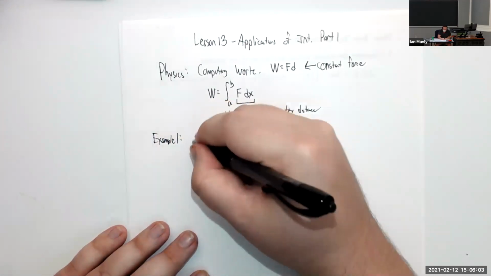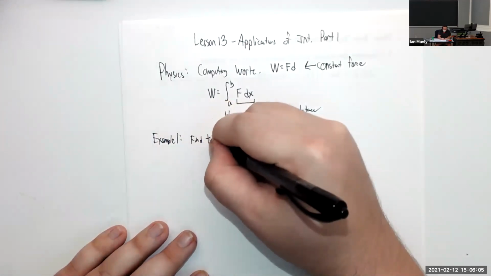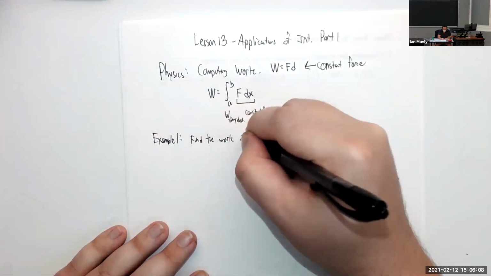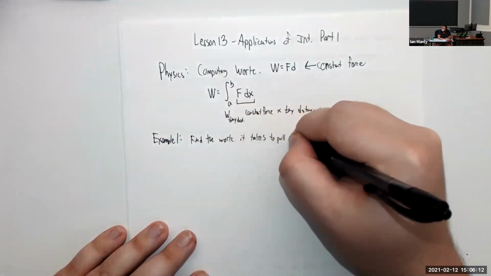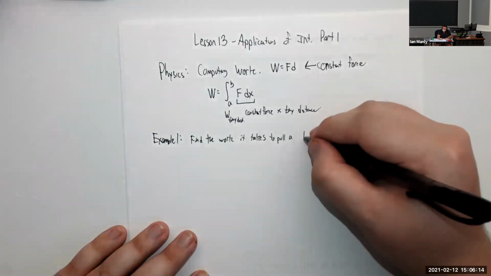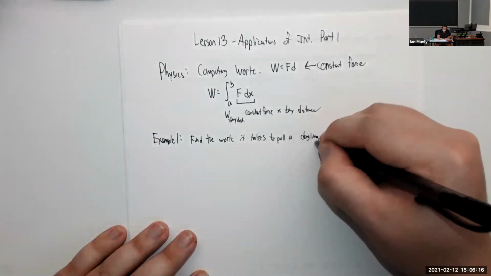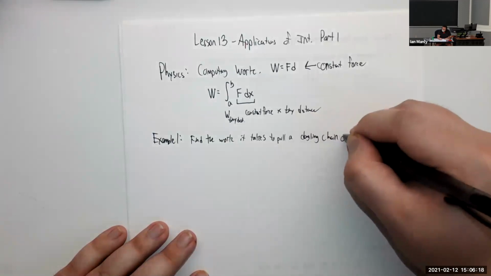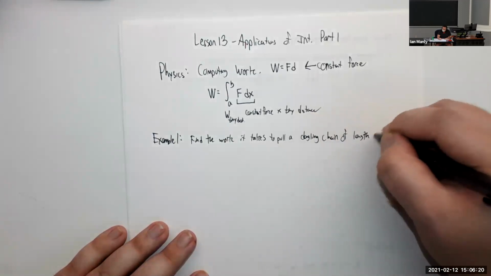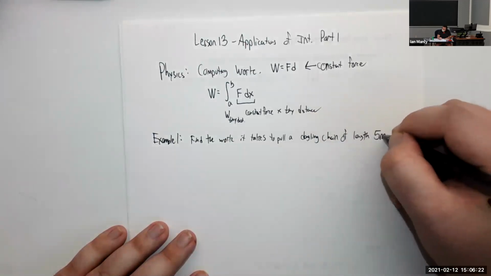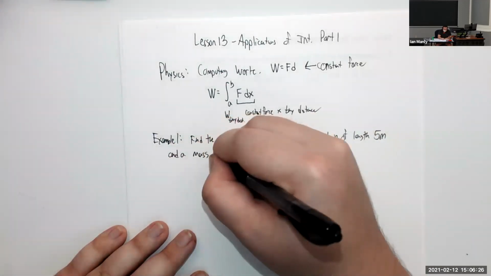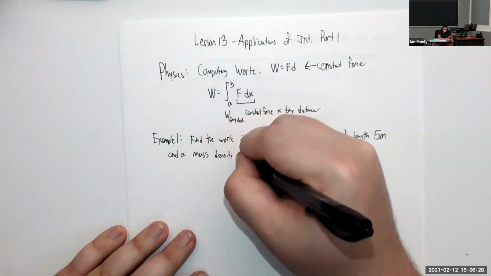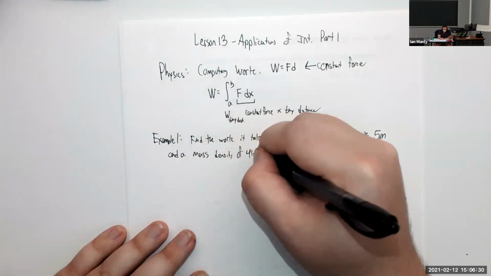Okay, so find the work it takes to pull a dangling chain of length 5 meters and a mass density of 4 kilograms per meter.